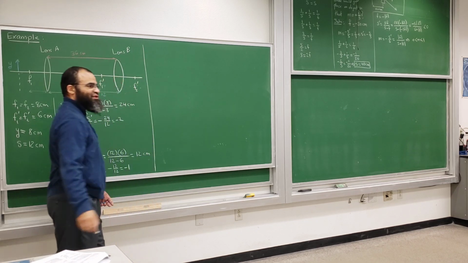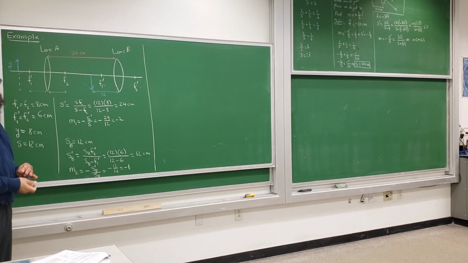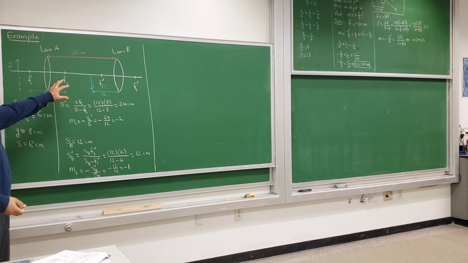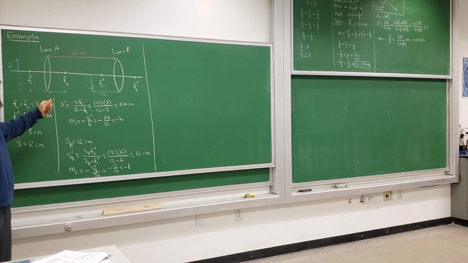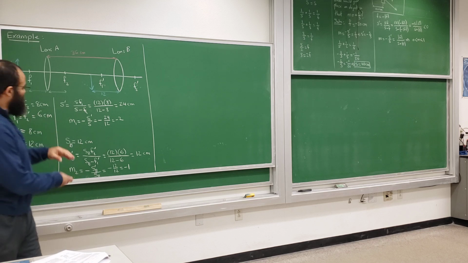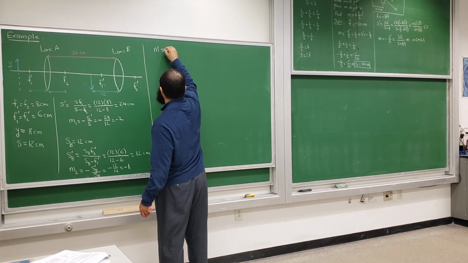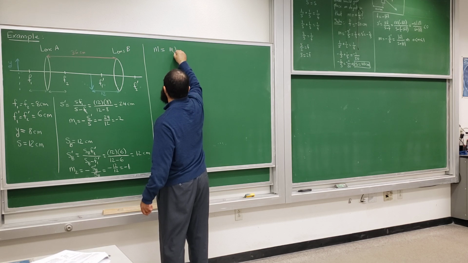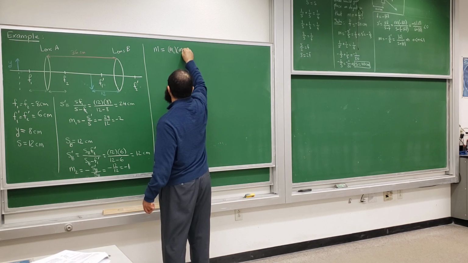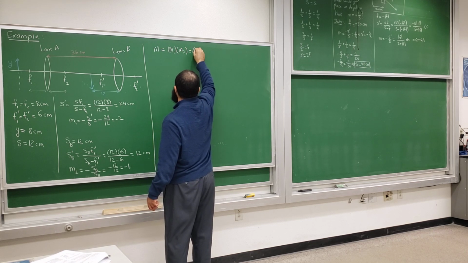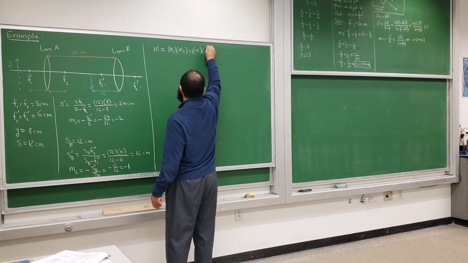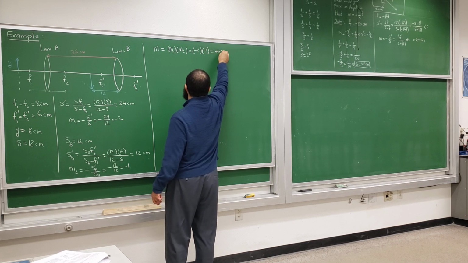What's the total magnification? Let's say the first one made the image double, and the second one doubled that another double. What's the total? It will be 4, quadruple. So you multiply the two magnifications. The total magnification will be M1 times M2, that's minus 2 times minus 1, and that is positive 2.